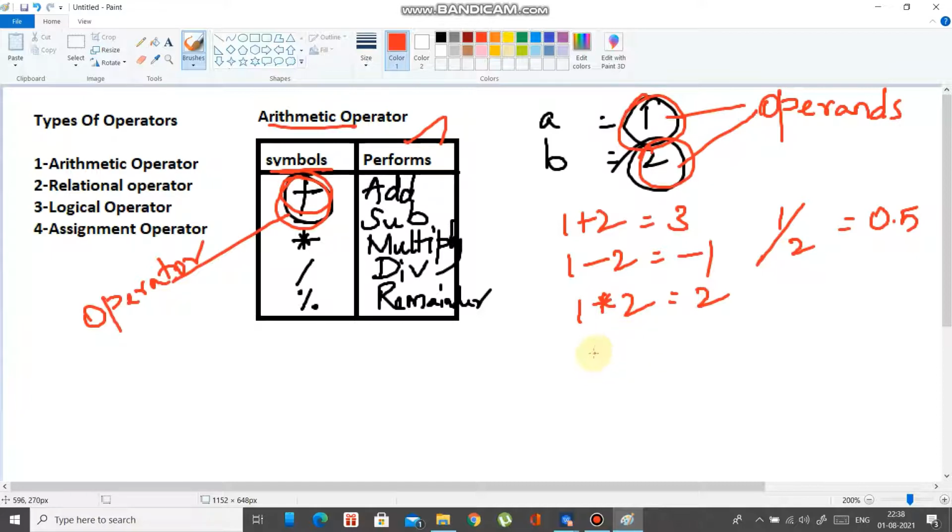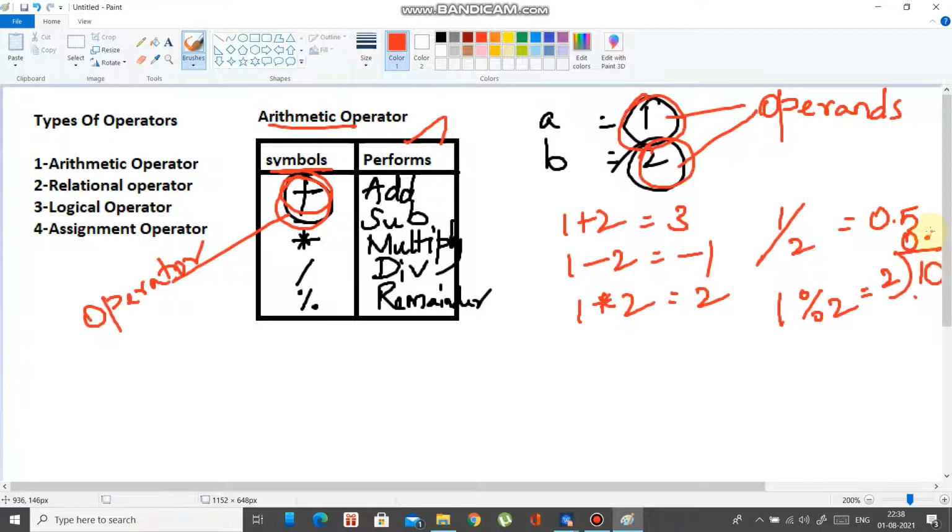Then the last one is modulo. 1 modulo 2. So here is the technique. Let's go through the basics first. You can't divide 1 by 2 directly, so you add a 0 and there will be a decimal.